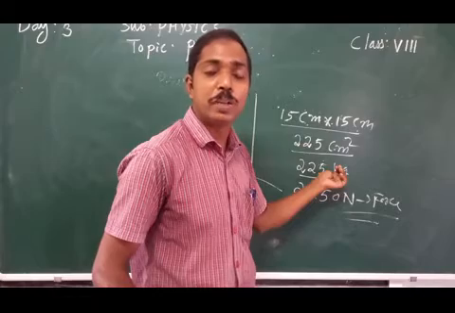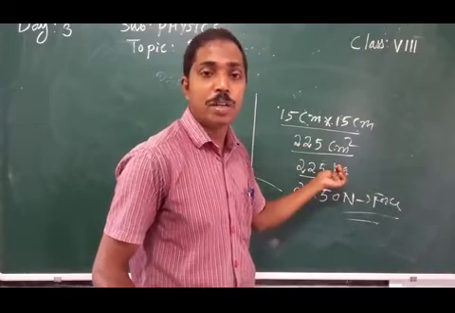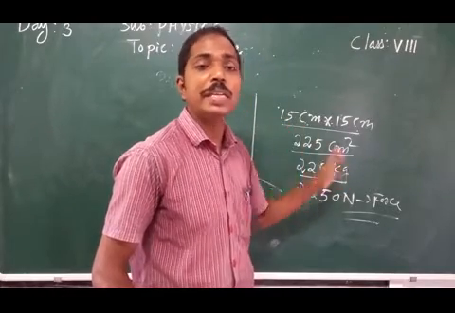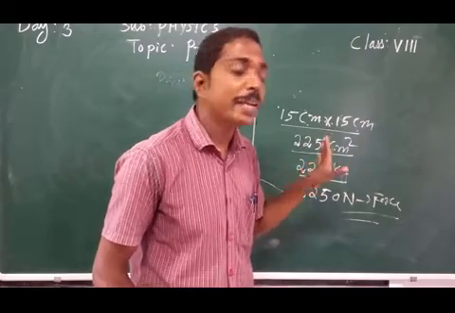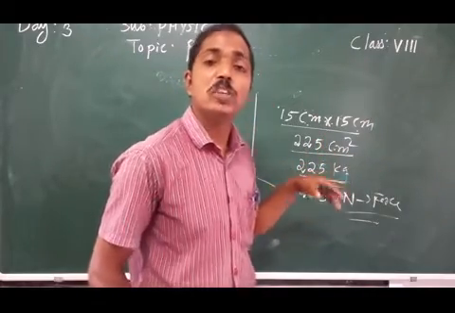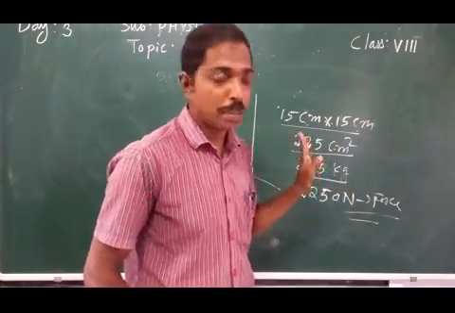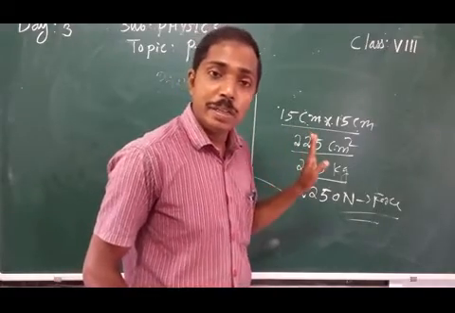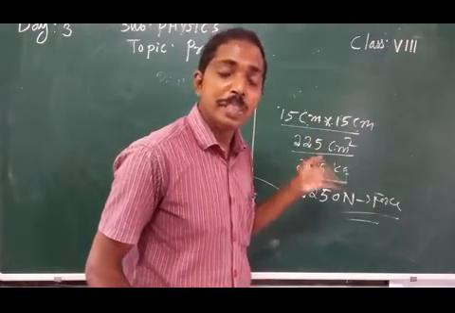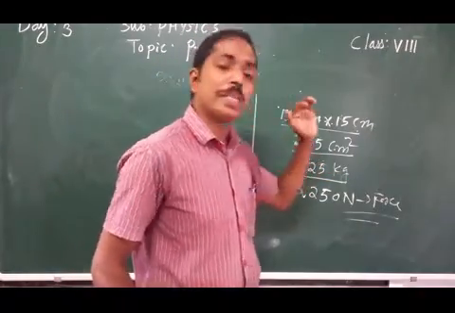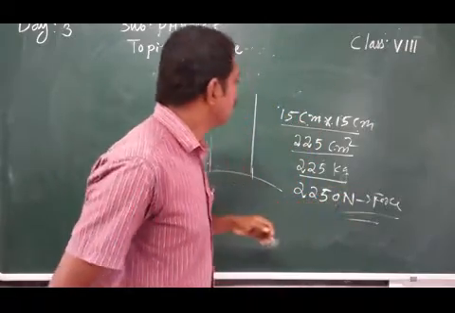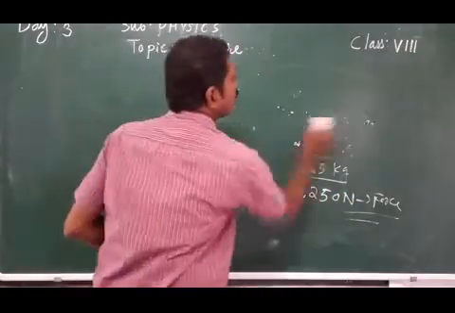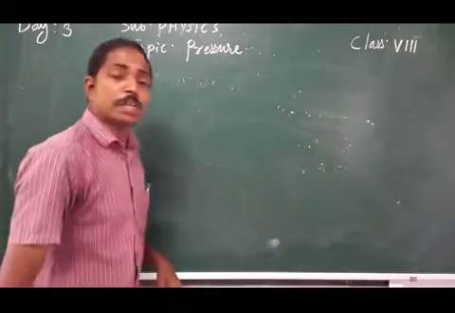But you are not experiencing it. You are not crushed because the pressure outside, the atmospheric pressure, and inside our body are equal. That's why it is cancelled out. They are equal in magnitude and opposite in direction, so we can say the pressure cancels out.